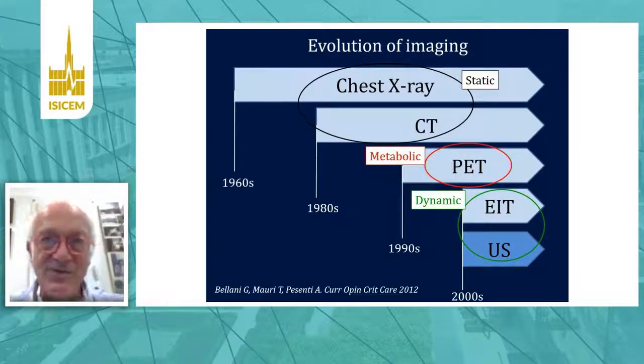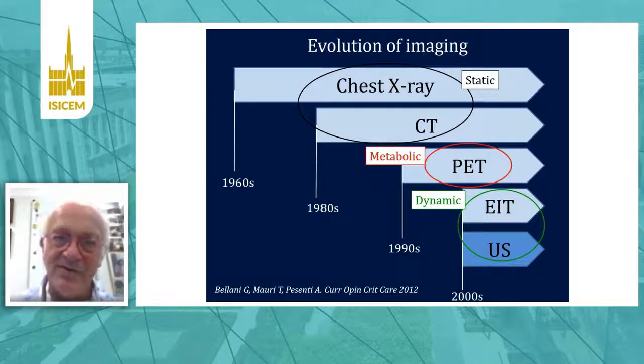This imaging has evolved from the plain chest X-ray to CT scan, and then positron emission tomography. And at the end, we will discuss a little bit about electrical impedance tomography. So let's proceed.